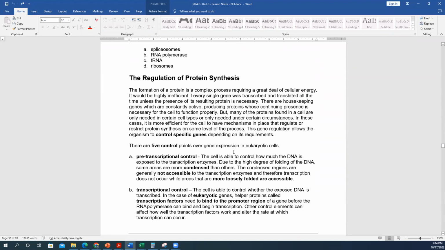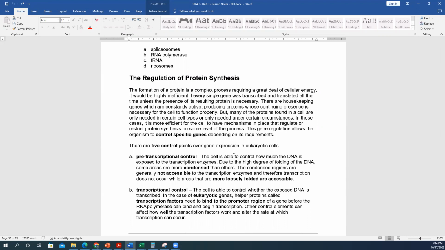So that is how the process of protein synthesis goes from DNA all the way through transcription and translation. The formation of that protein is a pretty complex process. It requires quite a lot of cellular energy.